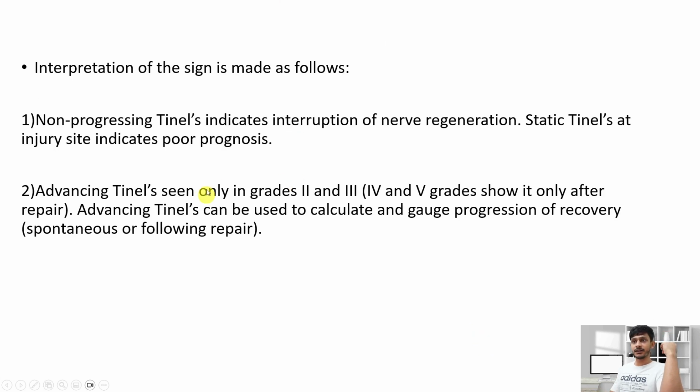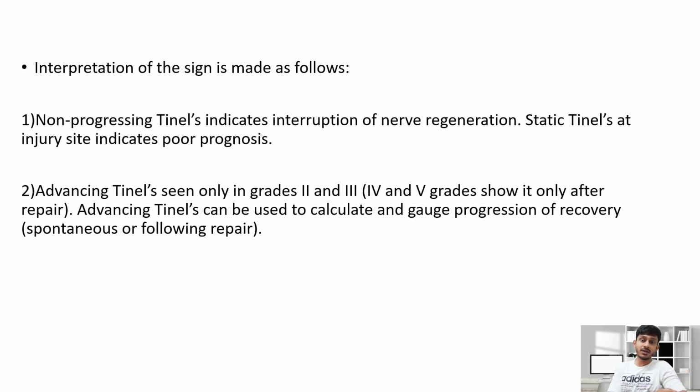So how do we interpret this? If the Tinel sign is non-progressing, it indicates interruption of nerve regeneration. It is a static Tinel sign. What they mean by non-progressing is, as time goes on, we expect the paresthesia to be elicited more distally.